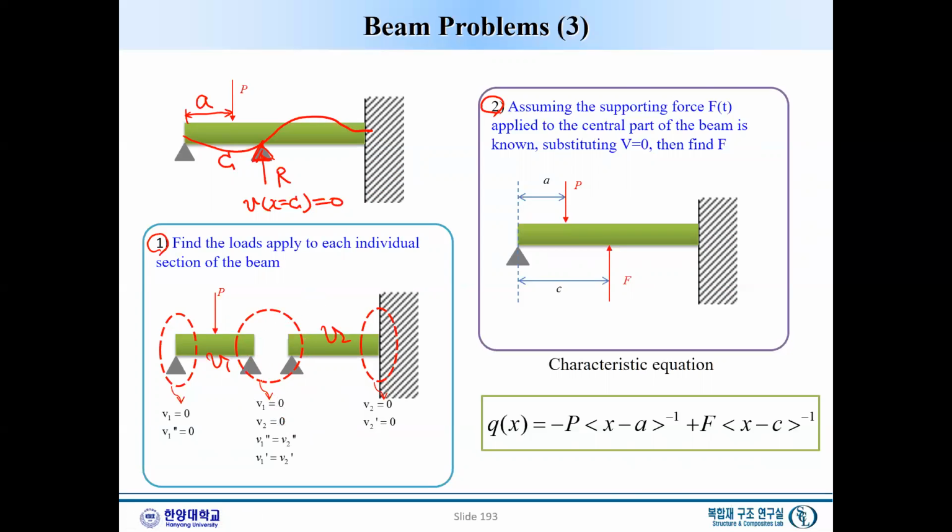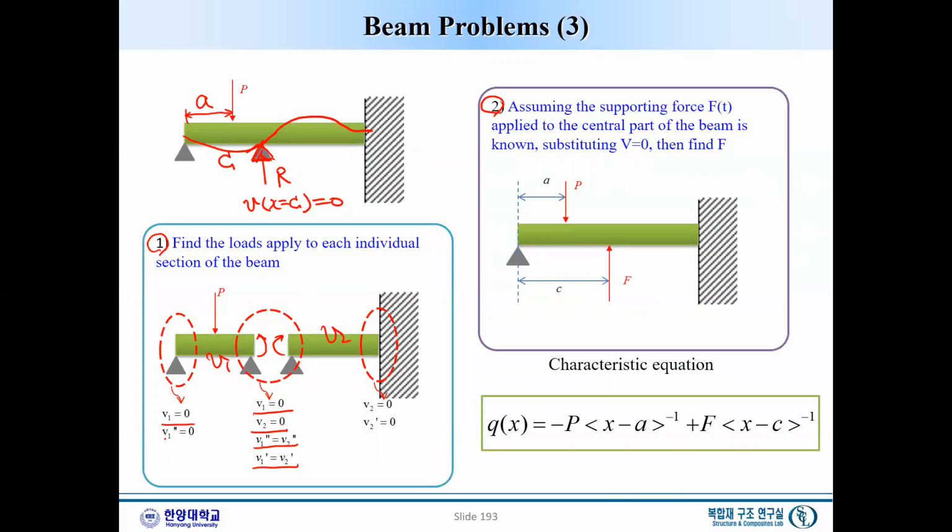V1 equals 0 and V2 is also 0, but the moment will be the same because there will be reaction moments, two reaction moments, so the moment will be the same, right? And whenever it deflects, on the left-hand side this slope and this slope will be the same. So how many boundary conditions? 1, 2, 3, 4.